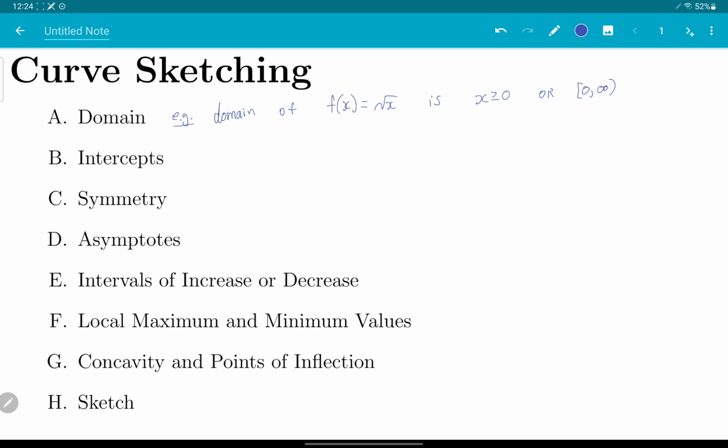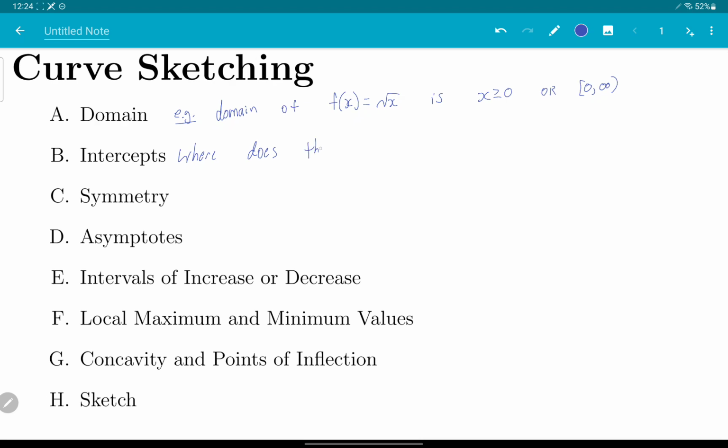Intercepts, part B. So 2 forms. We're looking at the x-intercepts or the y-intercepts. So where does my curve hit the x-axis, and where does it hit the y-axis? Let's use the word touch.